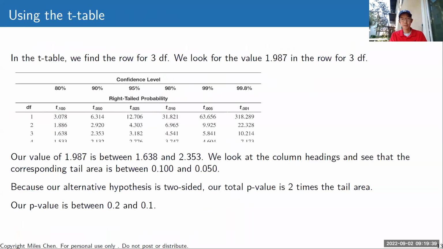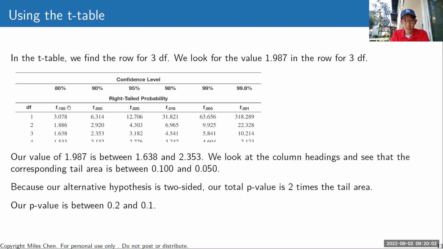So we have 3 degrees of freedom. And when we look this up, we're looking at this row for 3 degrees of freedom. And we ask, where does this number 1.987 fit? 1.987 fits in between these two numbers, 1.638 and 2.353.